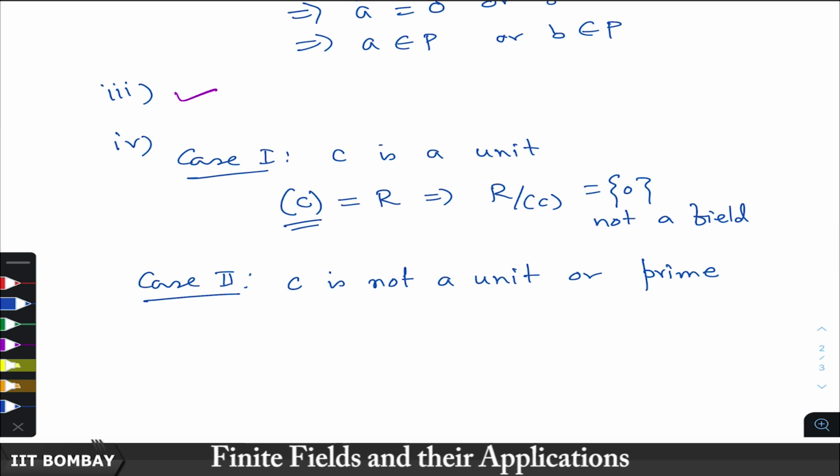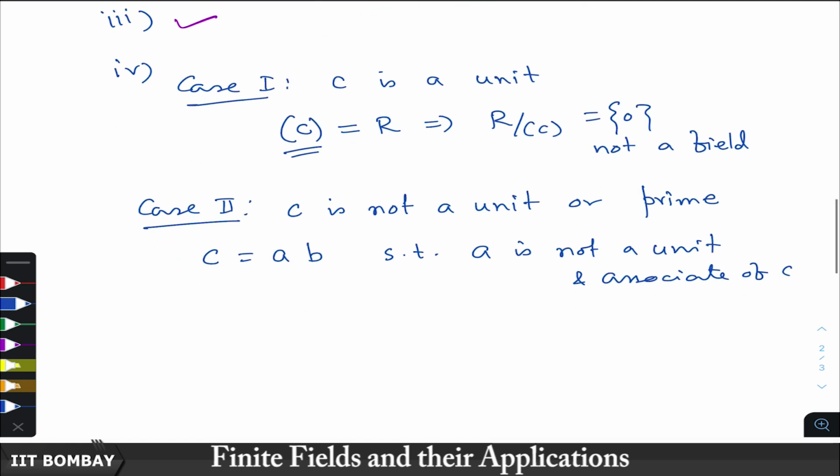It is not a prime element, which means that C has a non-trivial factorization AB, so that A is not a unit or an associate of C. There is such a factor A of C. Now, this implies that C belongs to the ideal generated by A, because C is a multiple of A.